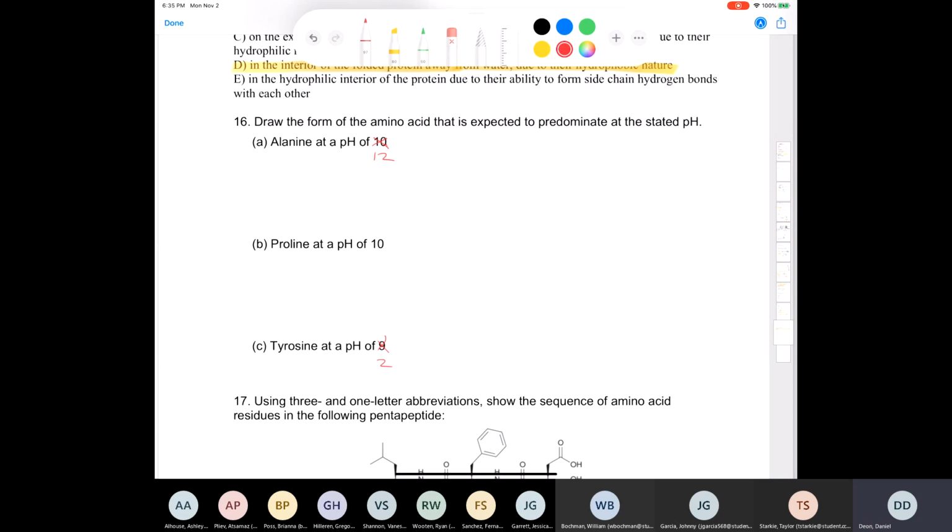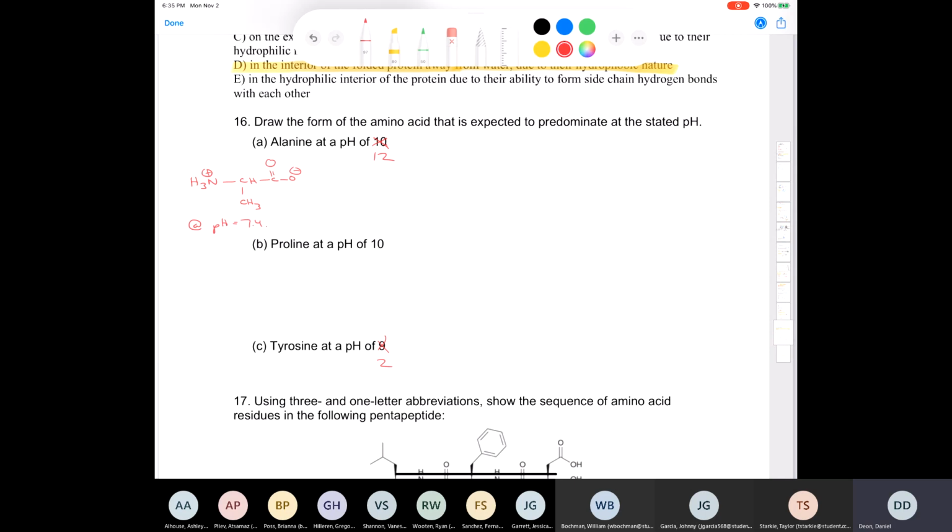If you had a cheat sheet that had all the amino acids, it would have alanine on it. Alanine's going to look like this. It's going to give you this zwitterion. And the R group on alanine is simply a methyl group. So this is at pH 7.4, physiological pH.